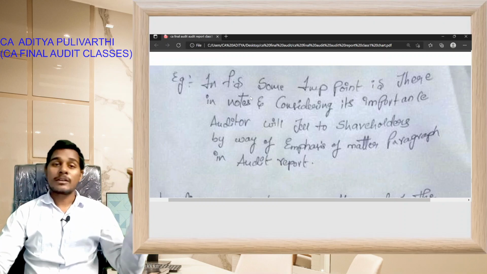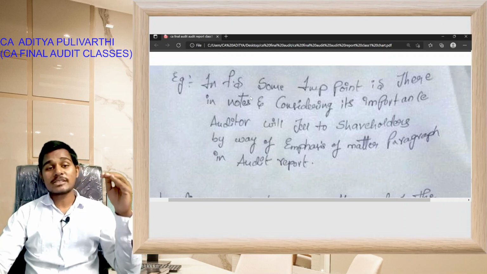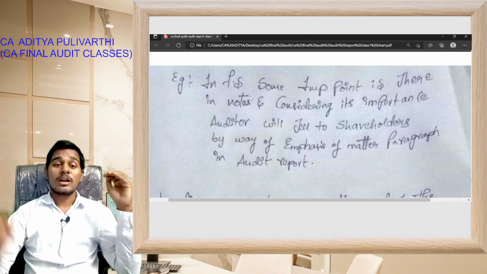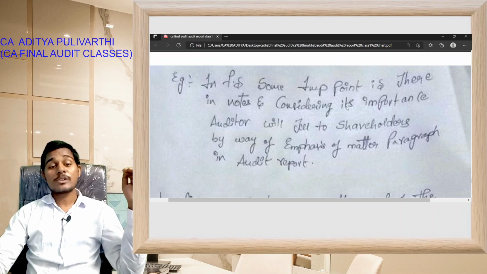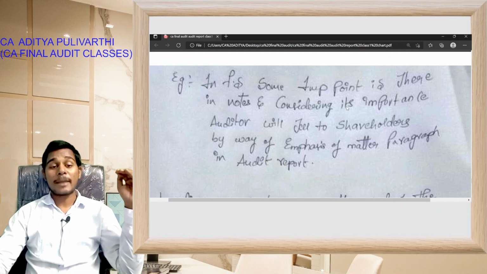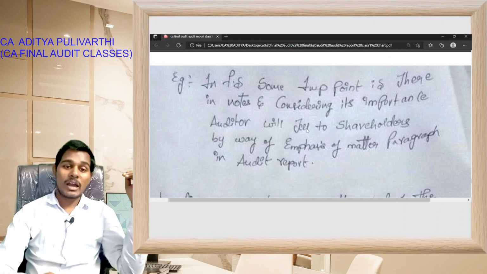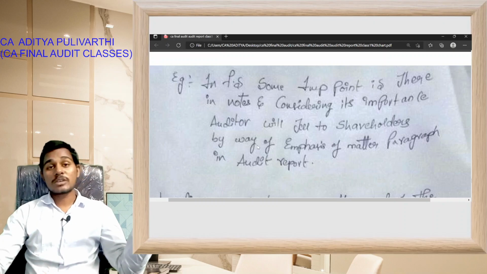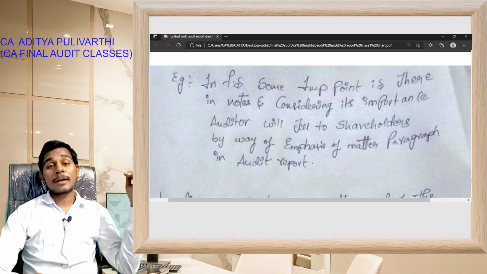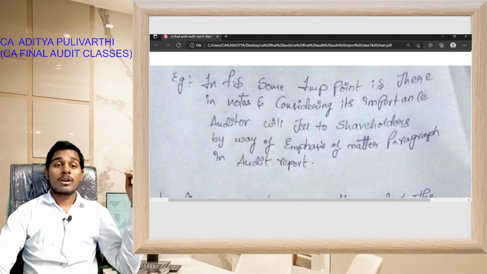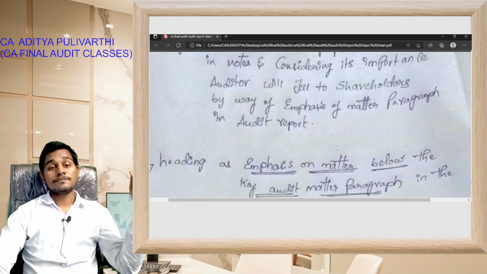Considering its importance, the auditor will tell the shareholders by way of the emphasis of matter paragraph in the auditor's report. By expressing them in the emphasis of matter paragraph, the user will give special attention, and it will be useful for them in deciding whether to invest in the company or not.